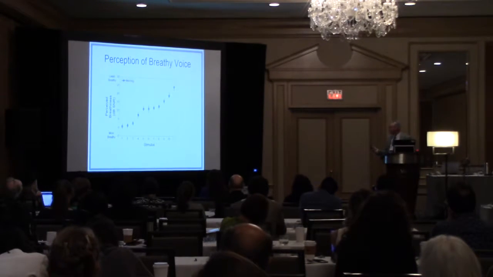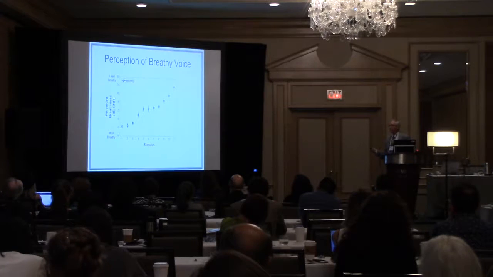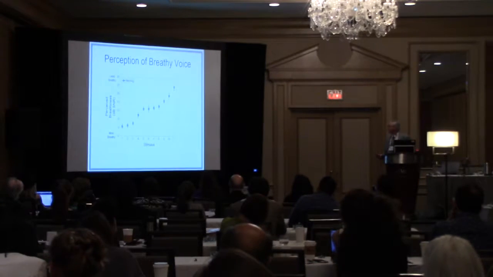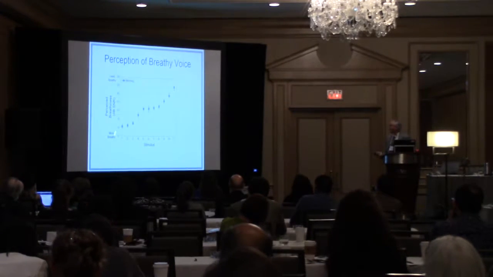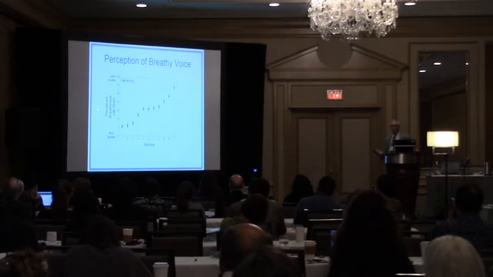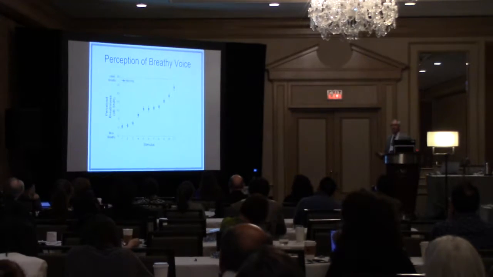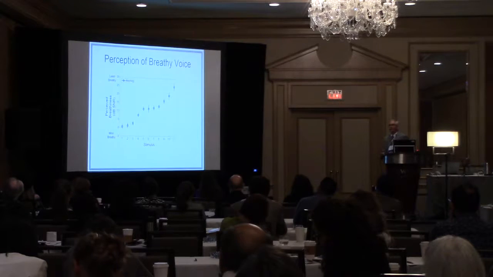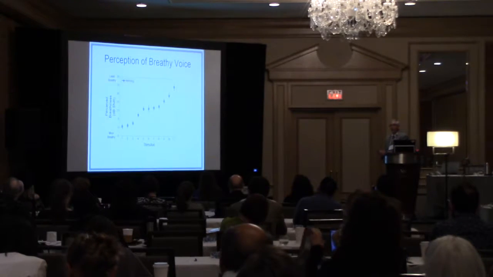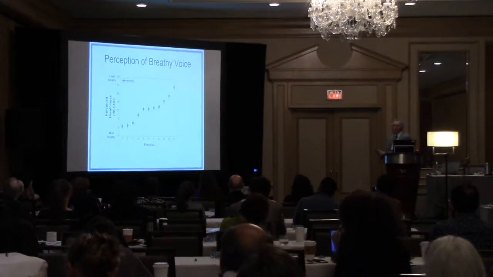So we're using this matching task to characterize the breathiness. But notice we're not just rating them, we actually have units, decibels, signal to noise ratio, which gives us a quantity that we can describe, understand, and try to predict through modeling.